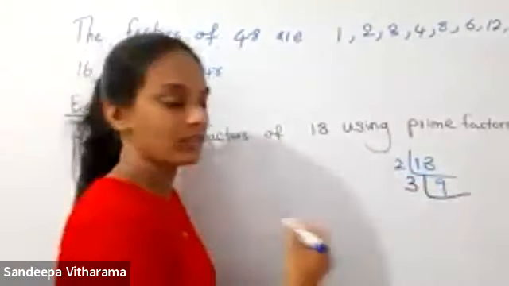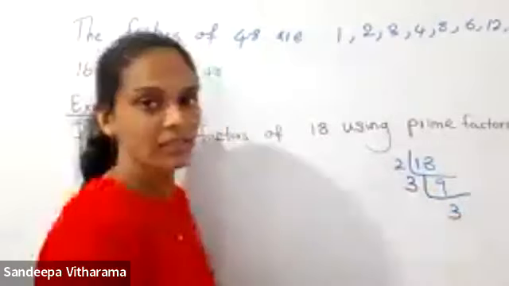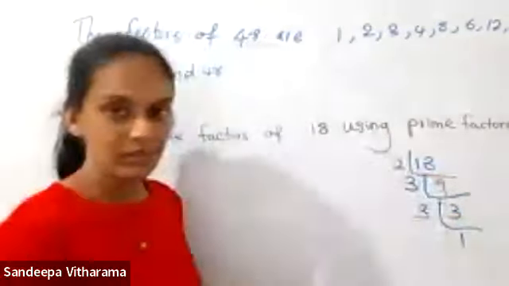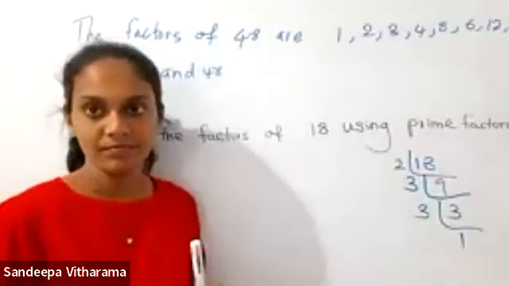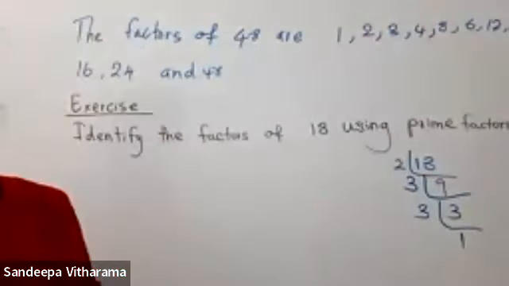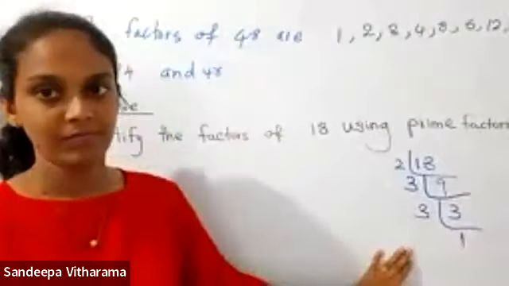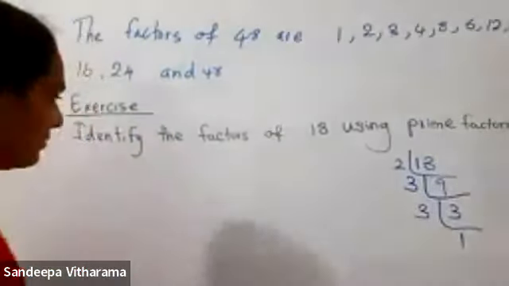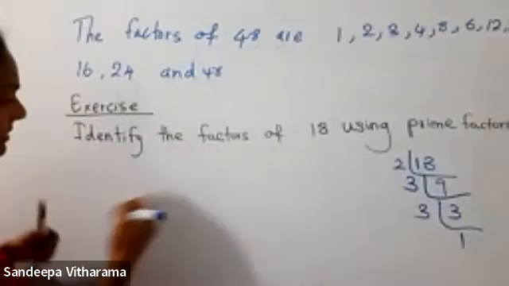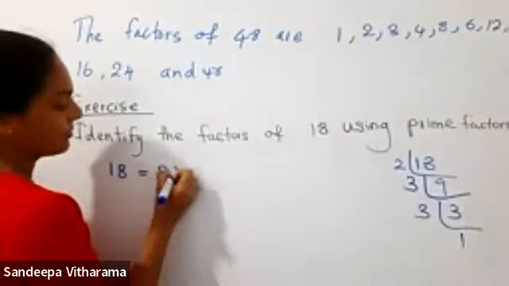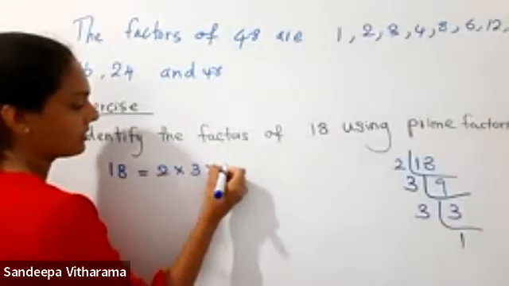Then how many 3s within 9? It is 3. Again divide by 3. Did you get it like this? Yes, madam. Okay. Now we write 18 is equal to 2 into 3 into 3.